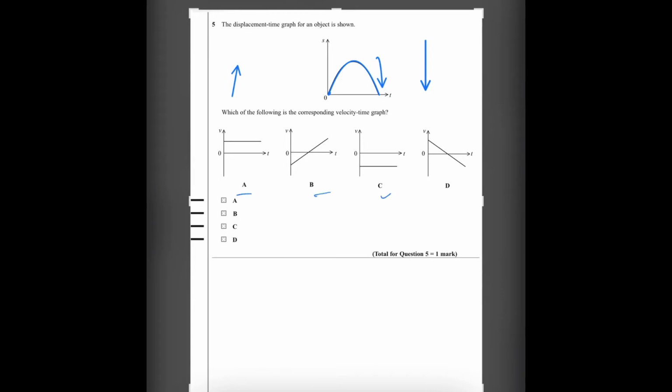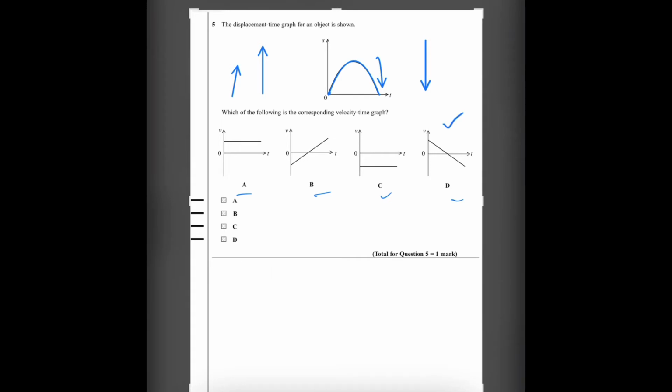So A, B, C, D, any of them can be the answer. And since it is a velocity time graph, the gradient is constant, and the gradient should be negative, since the initial motion of the ball is positive. So D might be the answer.